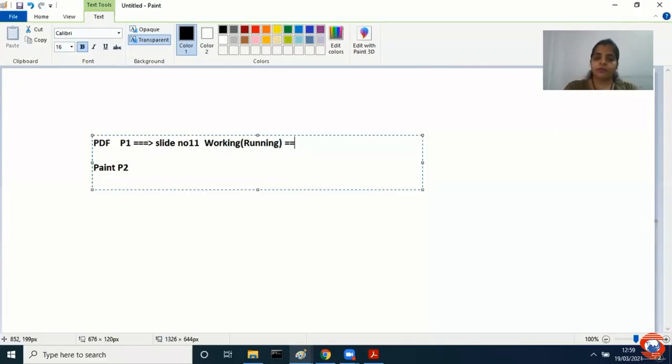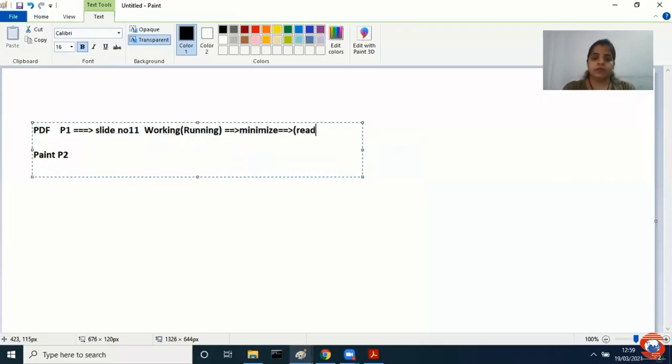Now I have performed the next operation, minimize. As soon as I minimize, which state do I go back to? Ready state. Then I go to Paint and work on it, so I'm in the running state. Again I minimize it, so I am in ready state. Again I go to P1 and I'm in the running state.